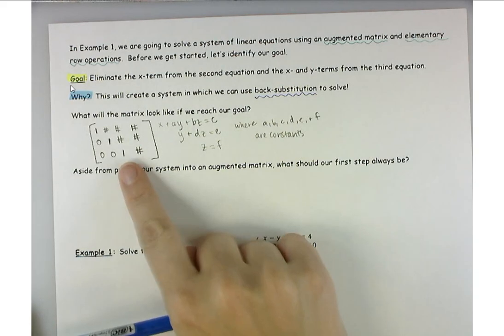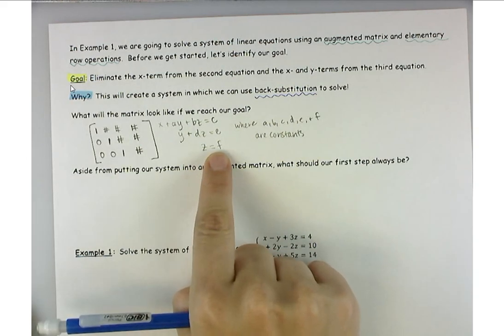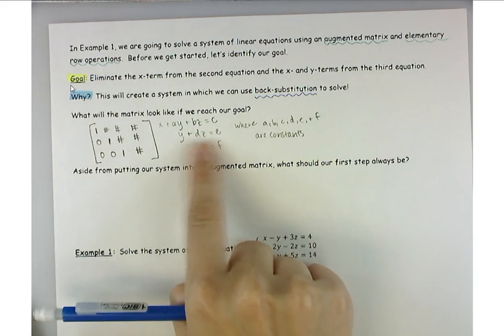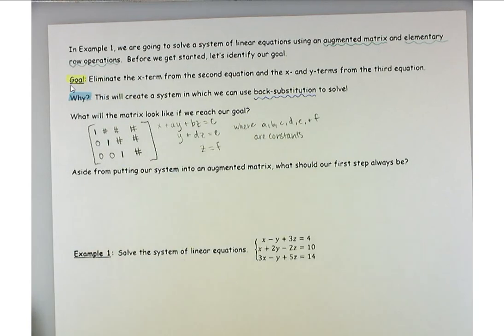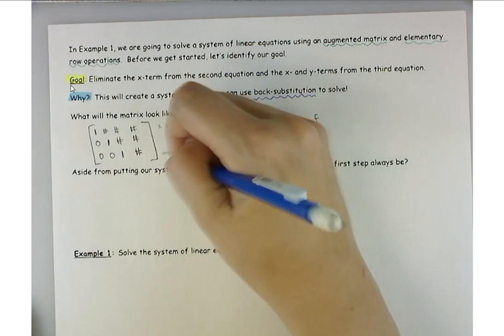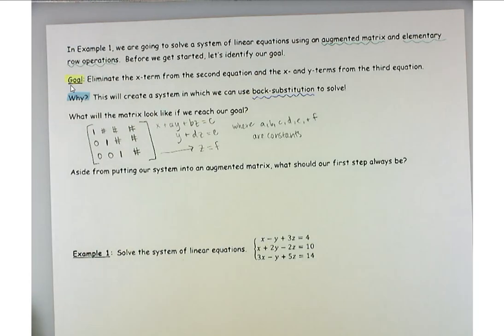Okay, so if we get z is equal to a number, then we can use back substitution to solve for y, then we can use back substitution to solve for x. Okay, so this translates to this, or some number. All right, so our first step, besides putting this in an augmented matrix, is always going to be to get a 1 in the upper left-hand corner, right?